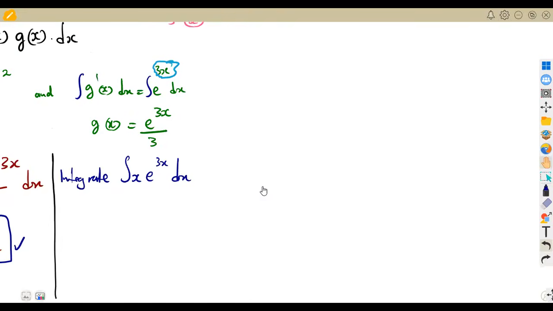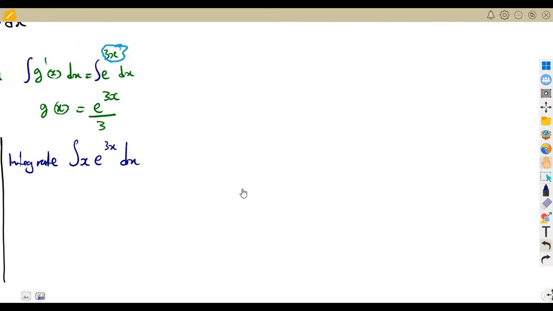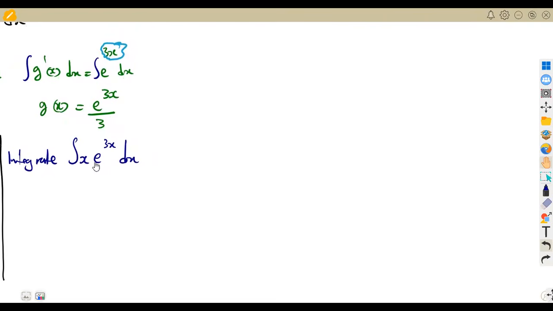Okay, so like I said, by parts, we're going to need f of x and g prime x, and always f of x, when dealing with an exponential and an algebraic, the algebraic is always your f of x.